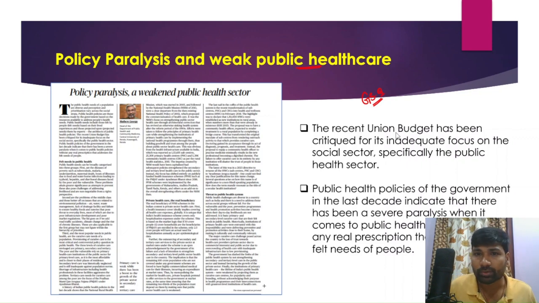The recent union budget has been criticized for its inadequate focus on the social sector. It has not focused adequately on the social sector, specifically on the public health sector. Because of this, the budget and its allocations on the healthcare sector were heavily criticized, and in fact the public health policies followed by the government in the last decade indicate a severe paralysis.